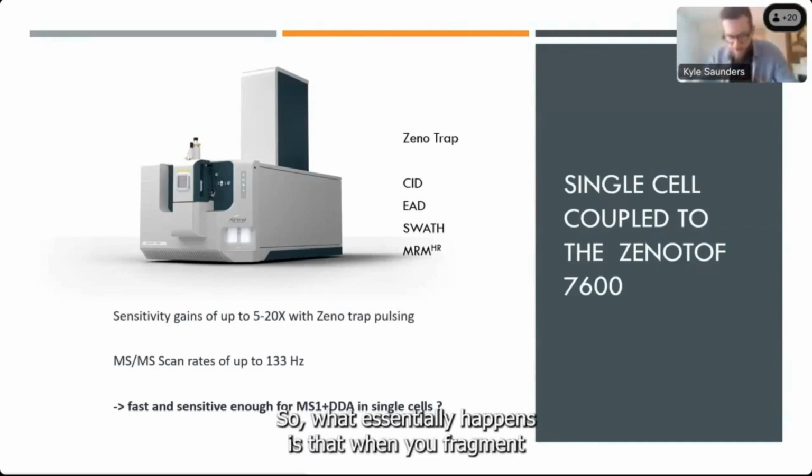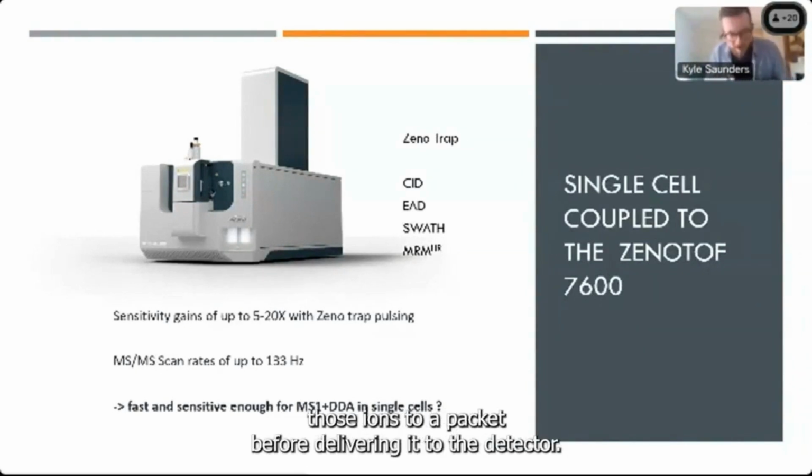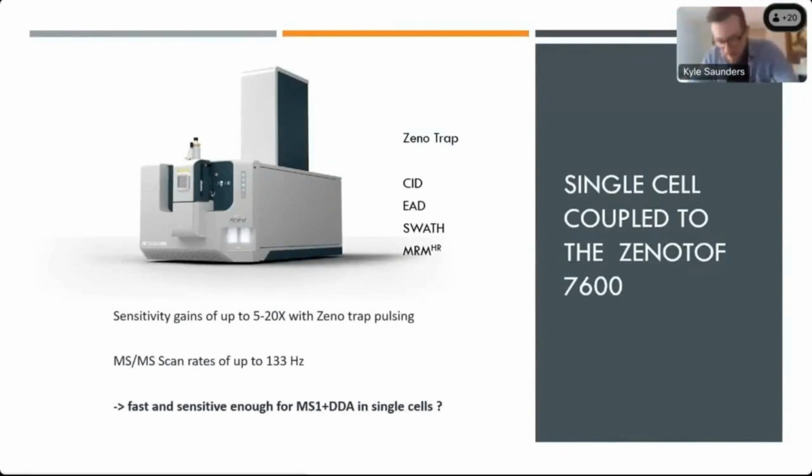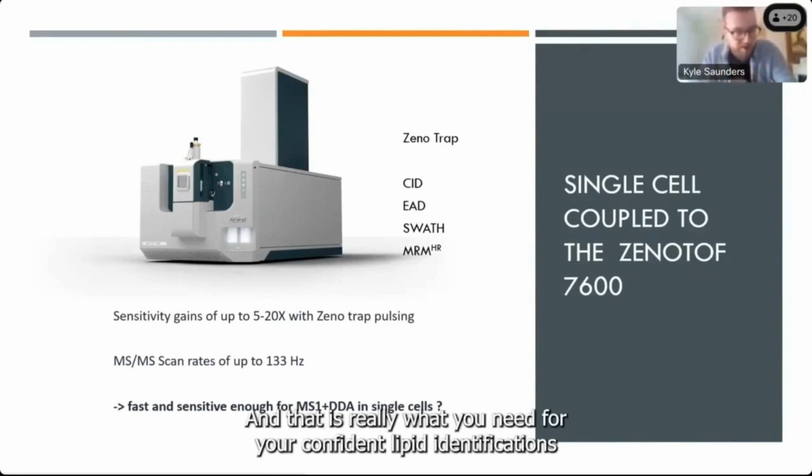So what essentially happens is that when you fragment your ions in MSMS, the Xenotrap will essentially condense those ions to a packet before delivering it to the detector, if I understand that correctly. So that allows a massive increase in your sensitivity for MS analysis. And that is really what you need for your confident lipid identifications.